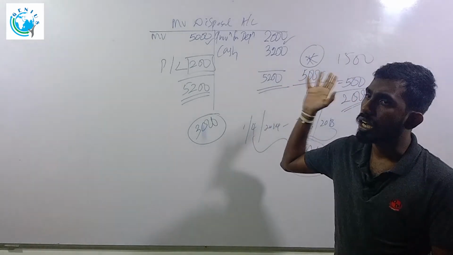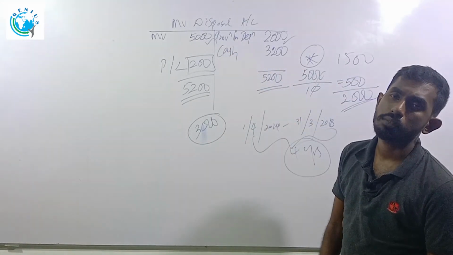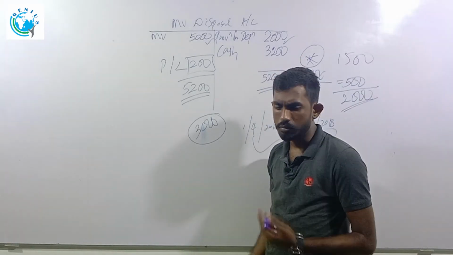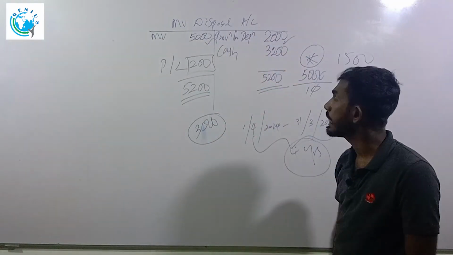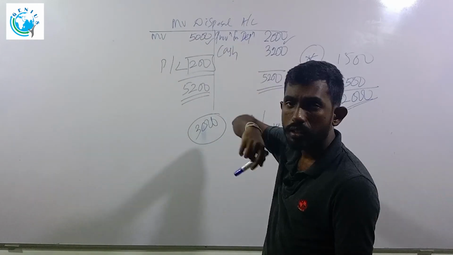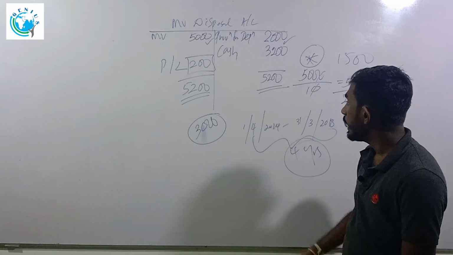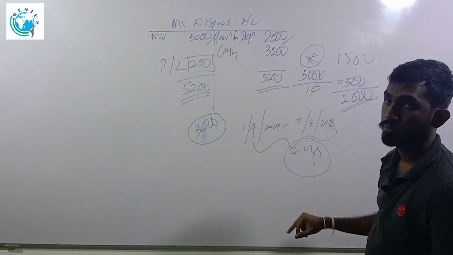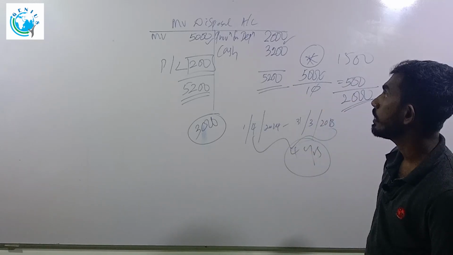Sometimes they may ask you to write the journal entries. Sometimes they may ask to write the double entries. Likewise, there may be different questions, but basic understanding is this. You need to understand the basic steps, the 4 steps. But again, I'm reminding you, there may be some additional calculations like this. Therefore, you have to be very careful about that as well.